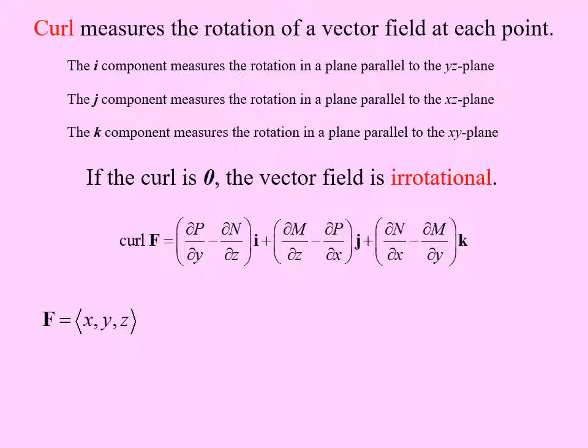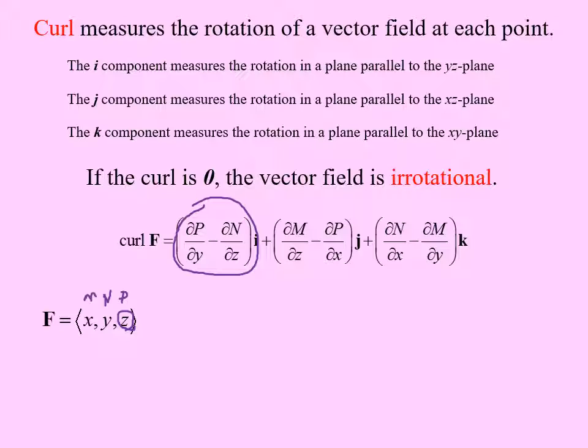So, if we do all those derivatives, and I'm not going to take time to manually do each one, but they're pretty easy to do. For example, in this first computation here, remember these are M, N, and P. So if we do the derivative of P with respect to Y, that's the derivative of Z with respect to Y. Well, that's a 0.